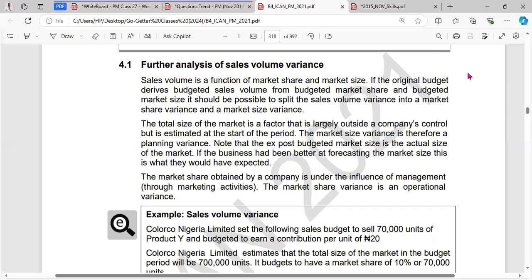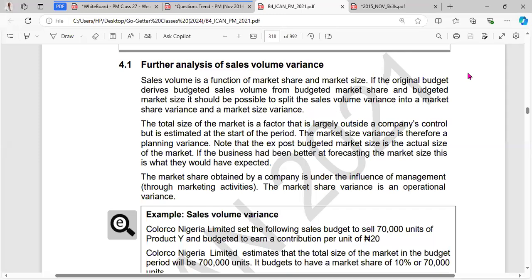So the market size is not in your control. So the market size is a planning variance. The market share is obtained by a company under the influence of management through marketing activities. So the market share is an operational variance.